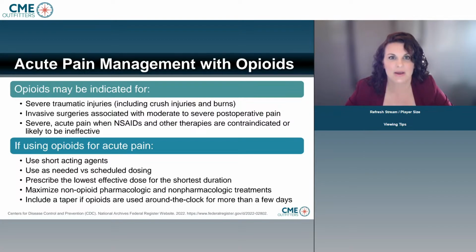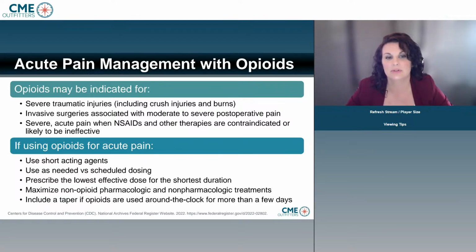And then a little bit about acute pain management with opioids from the new guidelines. The 2016 guidelines did not address acute pain, so the fact that it was included this time was a really great addition. But we're looking at opioids for severe traumatic injuries, invasive surgeries, and severe acute pain when other non-opioids are not an option.